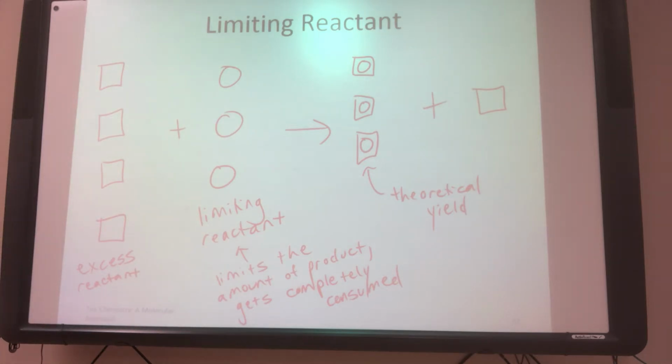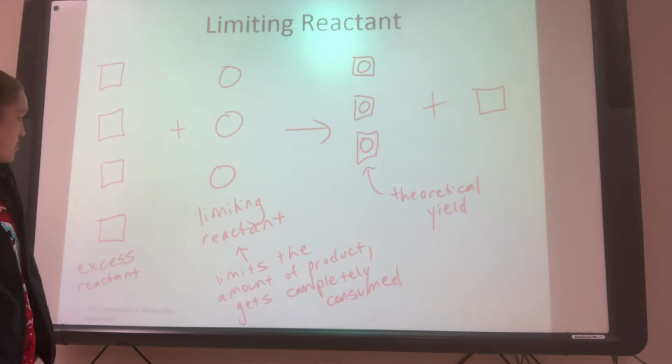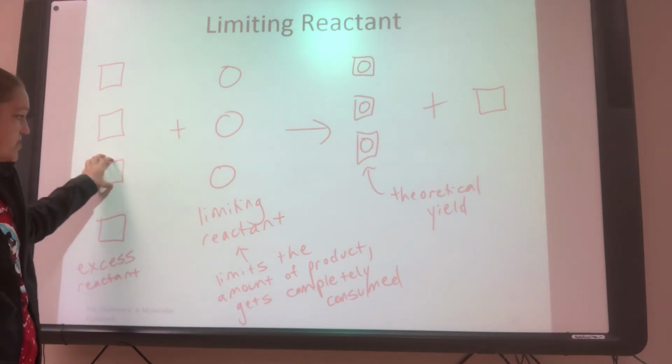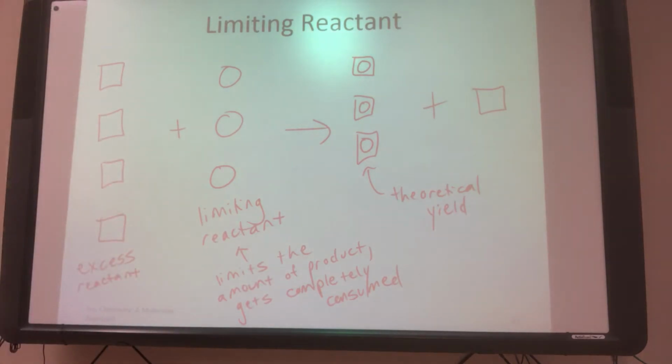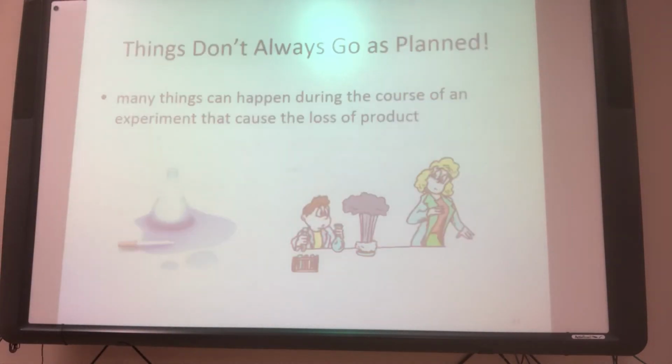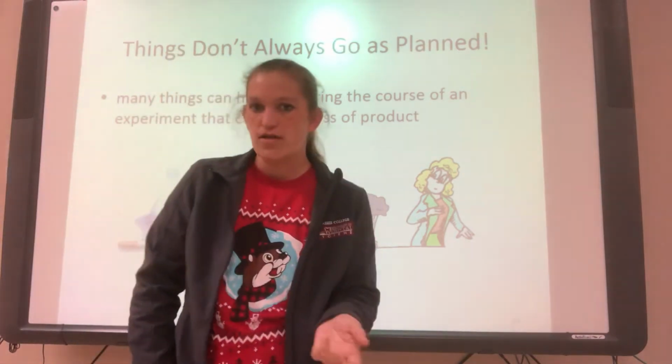So why do we call it a theoretical yield? Theoretically, with 4 pieces of bread and 3 pieces of cheese, I should make 3 sandwiches. But in the real world, things don't always go as planned. I don't always make exactly how much I want. In my cheese example, everybody knows I have a dog named Guapo.